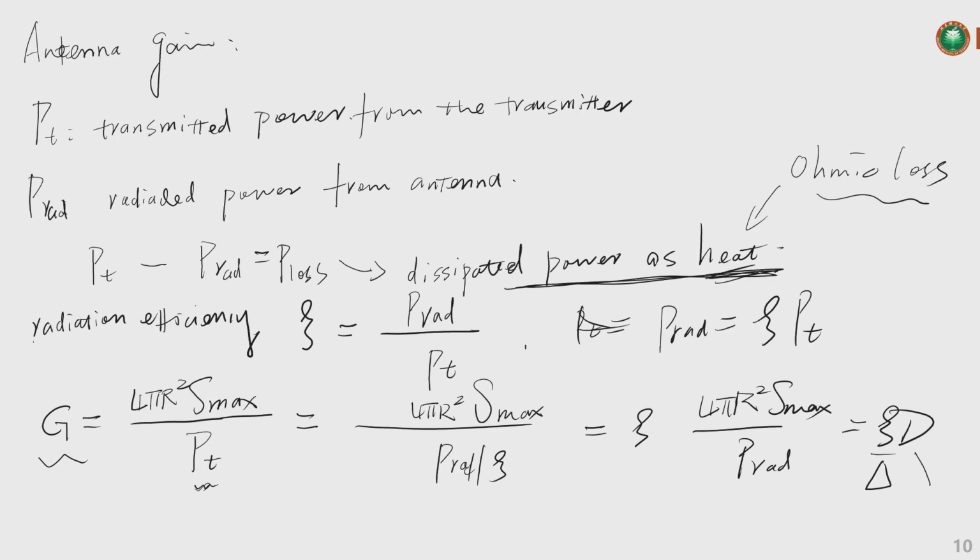For example, we just take the antenna as a lossless antenna. Then the radiation efficiency can be 1, and the gain equals the directivity. So that's why we can base our measurement on the directivity, and we can get the gain of the antenna.